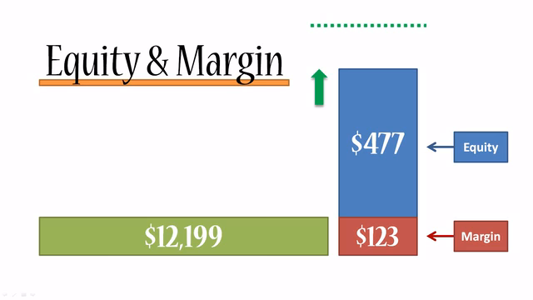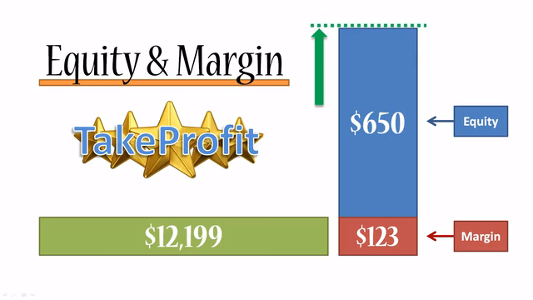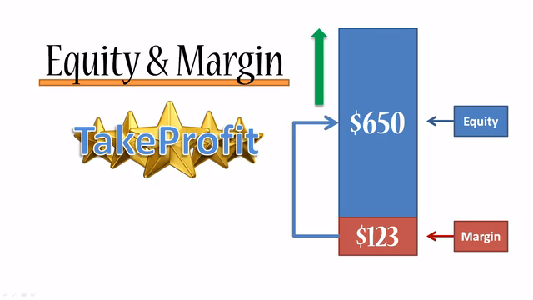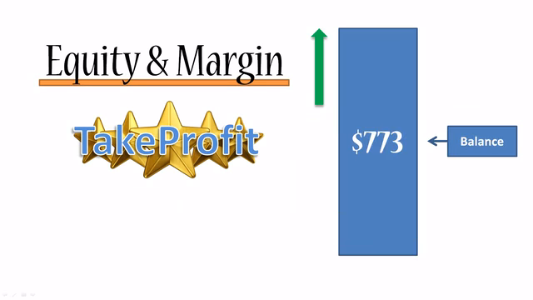So that's one of the benefits. Next is when the take profit is actually reached, what happens is the money that the broker lent us, the 12,199, is taken out of our account, so it's taken back. Then our margin is released, so it goes to join our equity, and together they become the balance on your account.